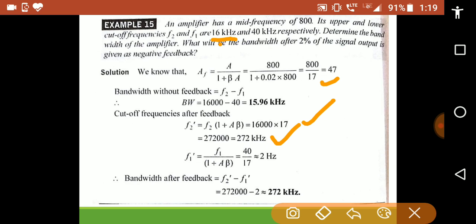And we know that the lower cutoff frequency will decrease after feedback. So f1 dash equals f1 divided by 1 plus A beta. So f1 dash equals 40 hertz divided by 17, equal to approximately 2 hertz. So bandwidth after feedback equals 272 kilohertz minus 2 hertz, approximately 272 kilohertz.